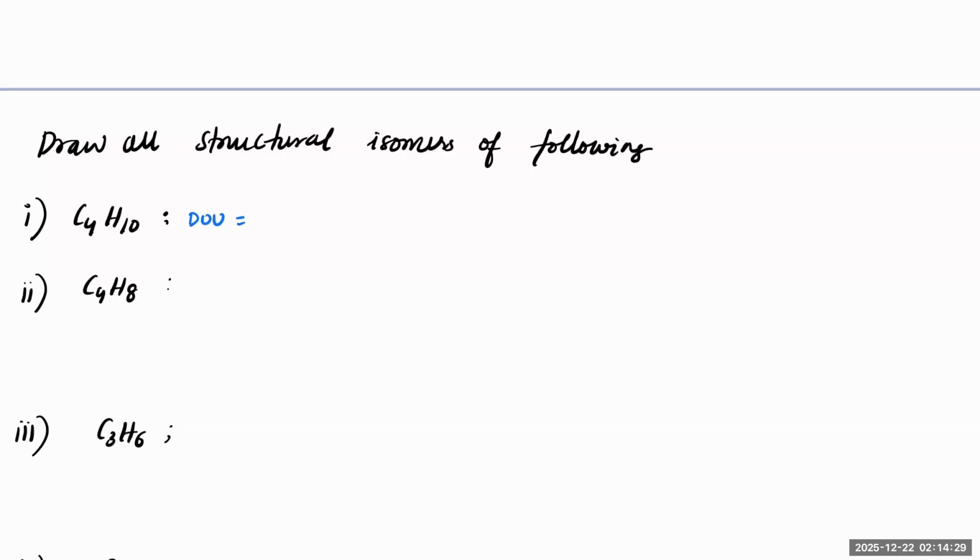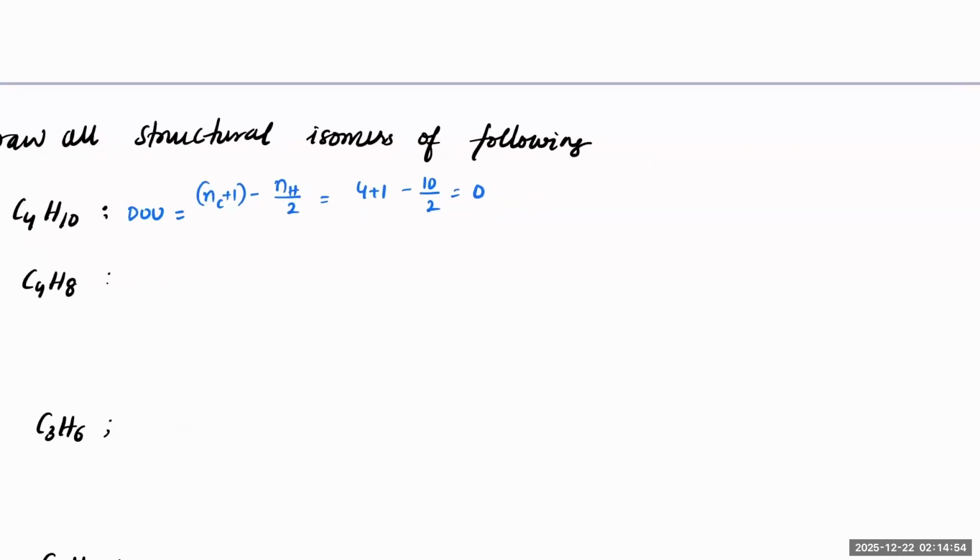This is the formula we use: number of carbons plus 1 minus number of hydrogens by 2. So it is 4 plus 1 minus 10 by 2, that is 0. So 0 represents there is no double bond that can exist and everything should be a straight chain. It cannot be a cyclic structure as well.